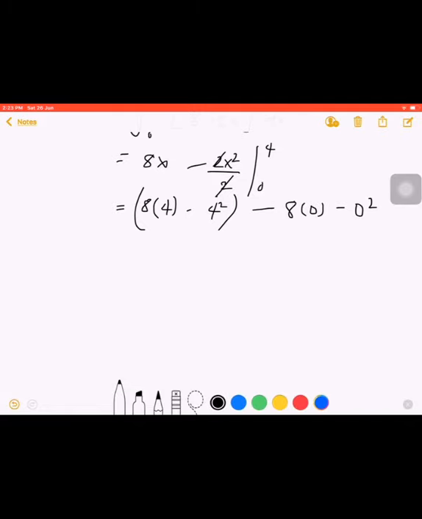Let's solve for the answer. 8 times 4 is 32, minus 4 squared, that is 16, and the rest is 0. So 32 minus 16 is 16. As you can see, the answer is the same as the other one.